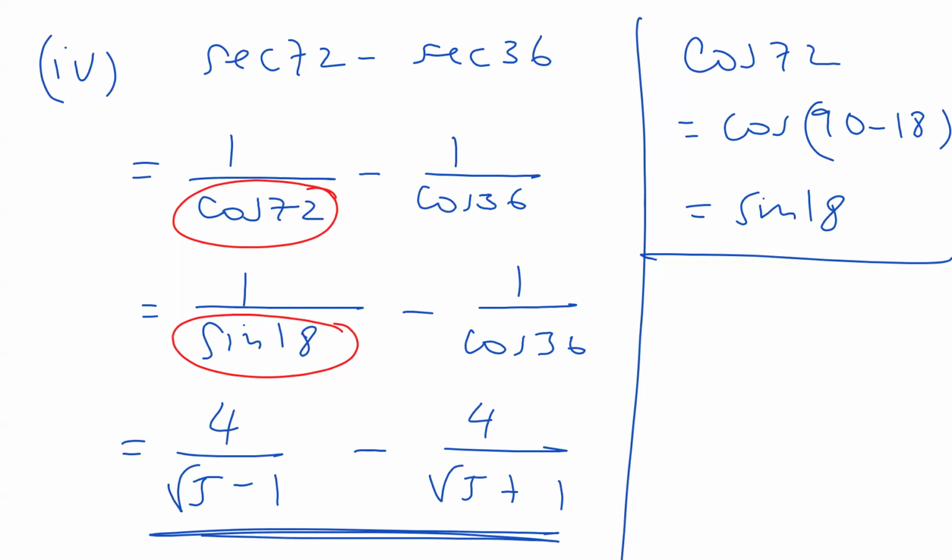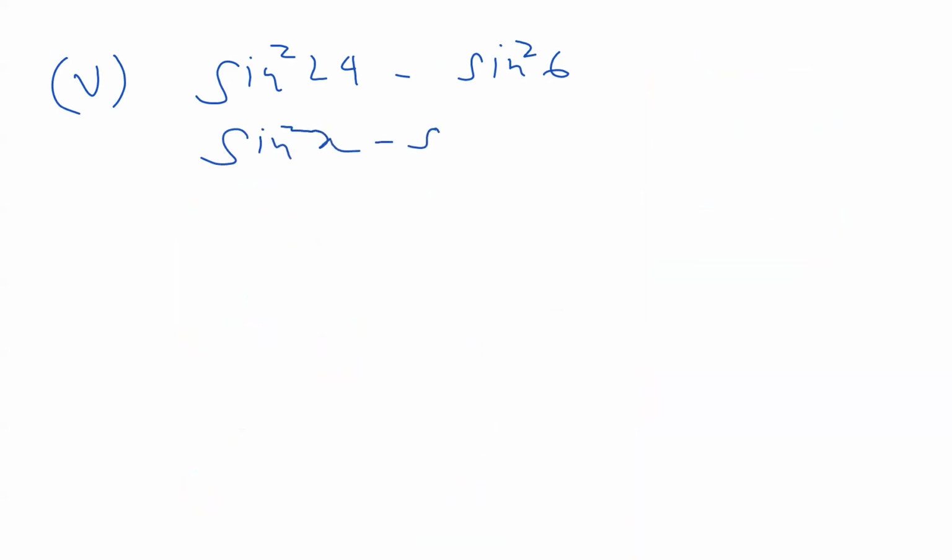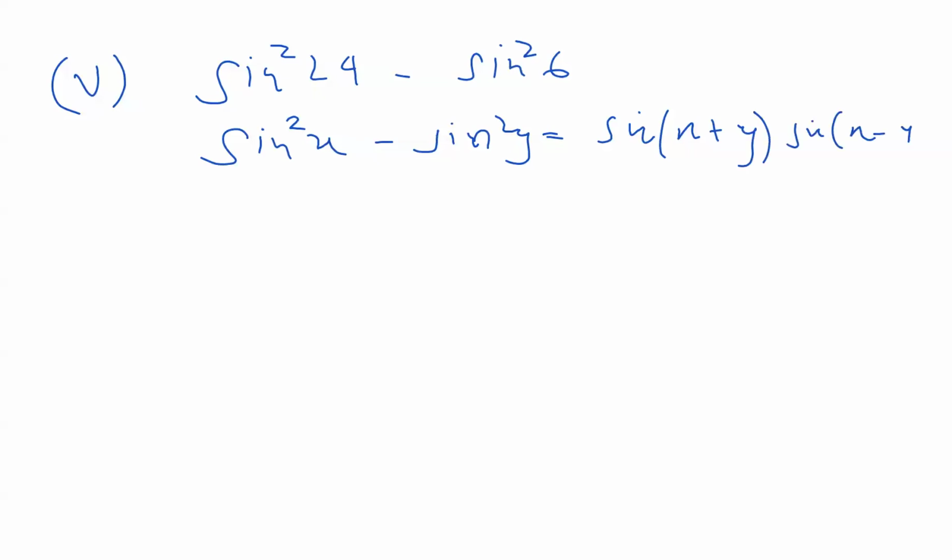Fifth one. Sine square 24 minus sine square 6. Sine square x minus sine square y is equal to sine x plus y into sine x minus y.